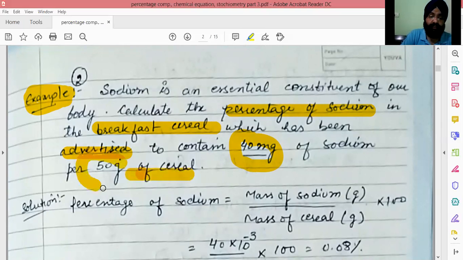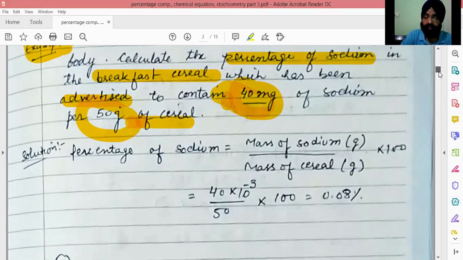The amount of cereal is given as 50 gram, and the sodium amount is also given, but the units are different. Keep in mind, whenever you are doing calculations, take the same units. If it is not mentioned in which units to give the answer, you can take gram or milligram, whatever you want.